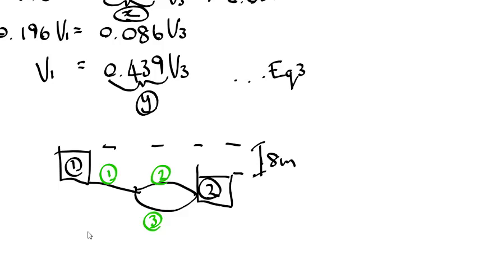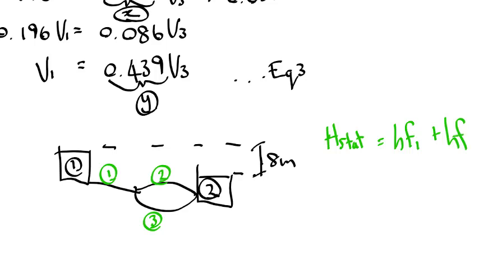So that means in essence that the static head, H stat, that total head we have, which is 8 meters, should be more or equal to the head loss due to friction in pipe 1 plus the head loss due to friction in pipe 2 or 3.